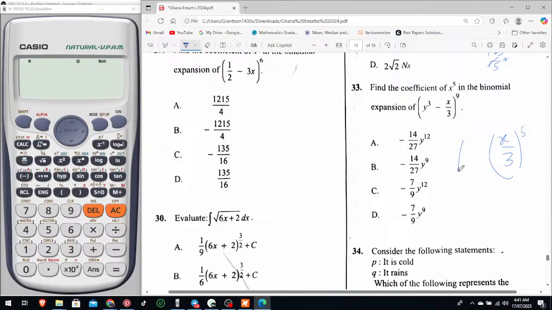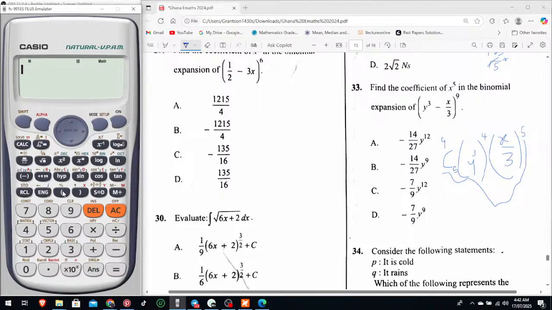That means the other element, y, will have exponent what? 4, yes. Then it becomes 9 combination 5, because the combination is always based on the second term's exponent. So 9 combination 5.